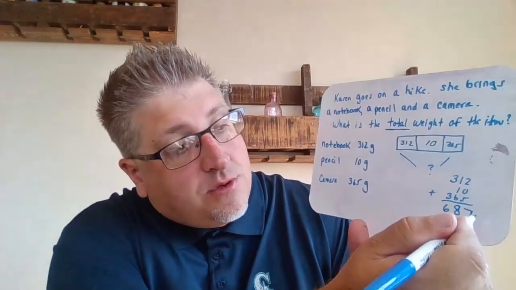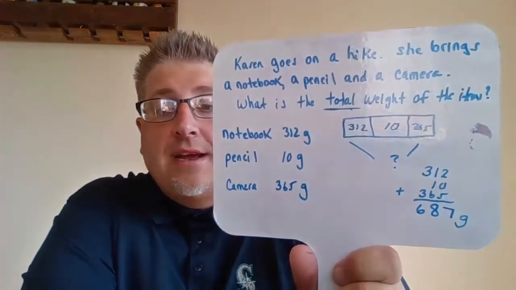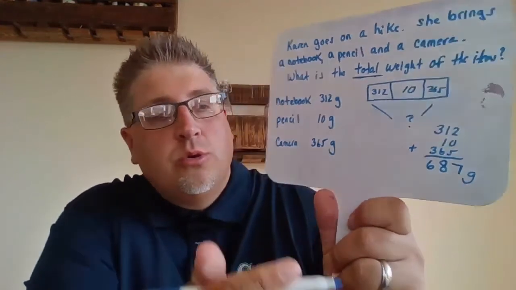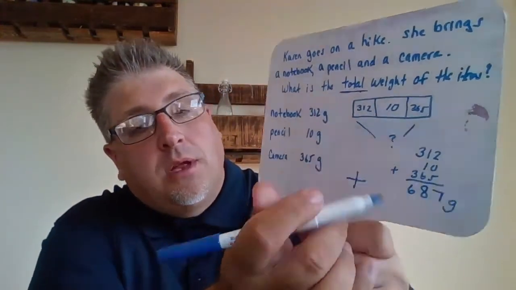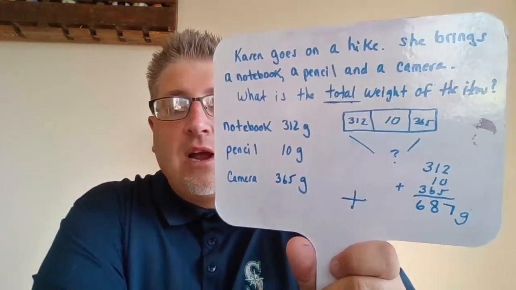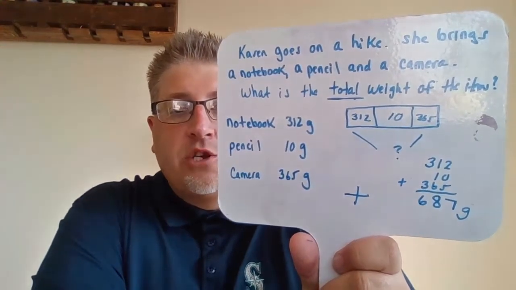What are we talking about? Yes, we're talking about grams. 687 grams is what she carried on her hike. We'll put a big plus sign right there. We used the operation of addition to figure out our first problem. Very straightforward. I used my tape diagram, put my numbers in. I understood that was total weight, told me to add, boom, knocked it out.